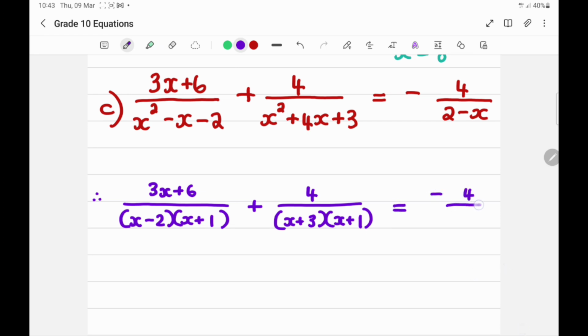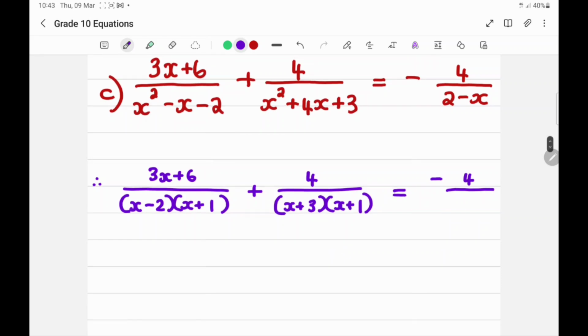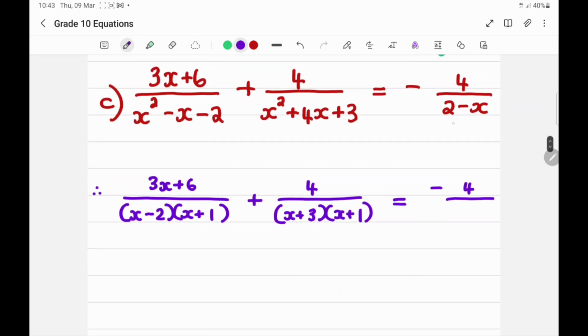Negative 4 over, now if you had to swap these around, it will be negative x plus 2, because the sign goes with it. But if you look here, 2 times 1, I just want to quickly see x plus 2.